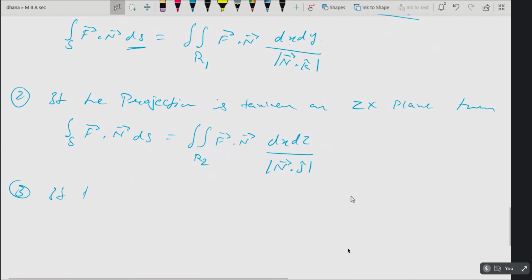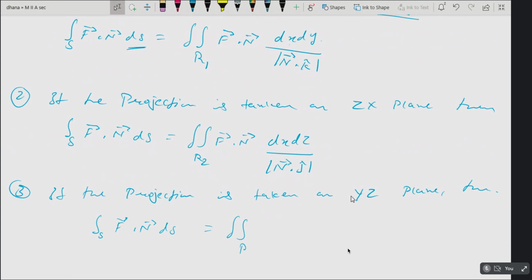Similarly, the projection can be taken on the YZ plane. If you take it on the YZ plane, then the surface integral f bar dot n bar ds will be equal to some region in the YZ plane.